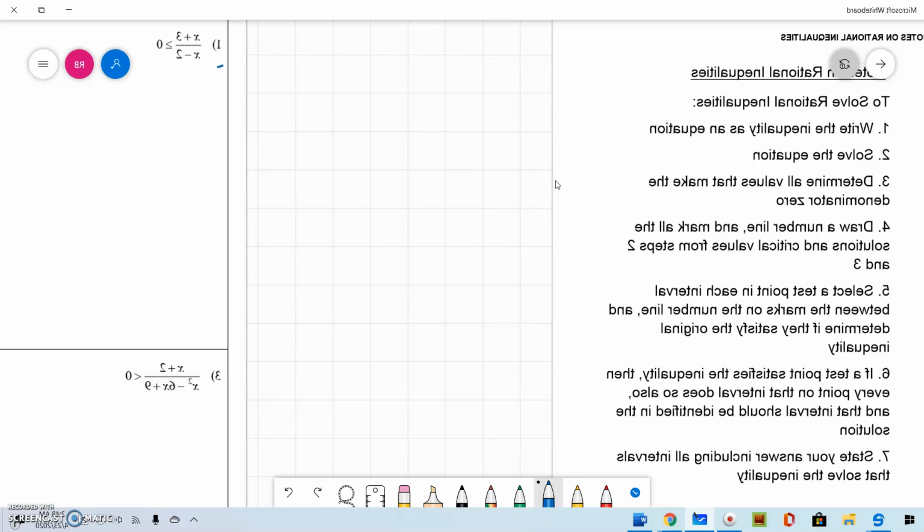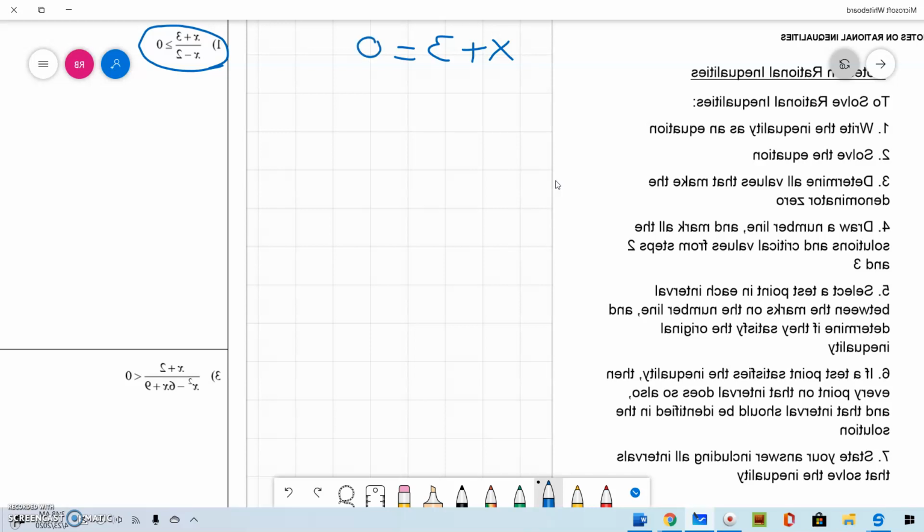So obviously the inequality is written right here. So we're going to solve the equation. And again, solve means make them equal to 0. Well, I guess not 0, yeah. So ignore the inequality for now and then make it equal to 0.